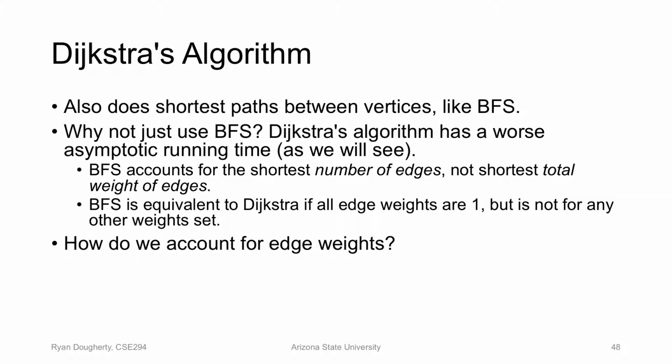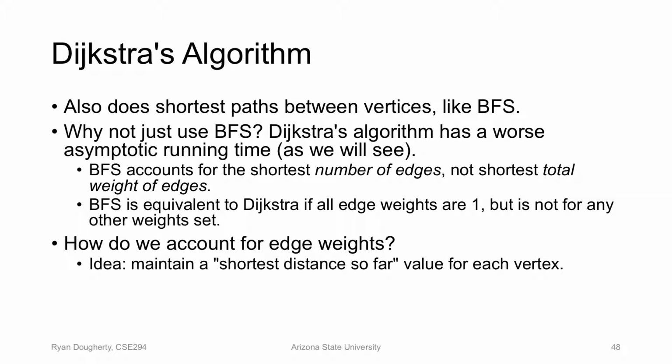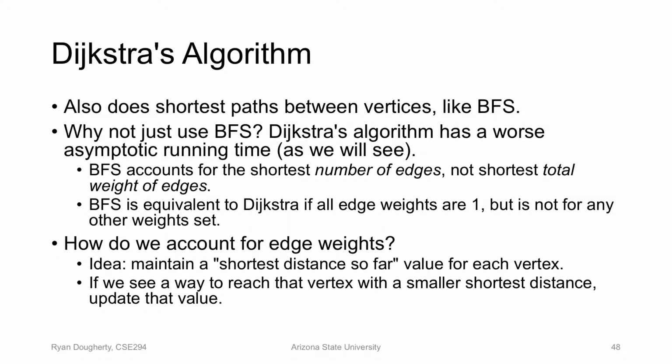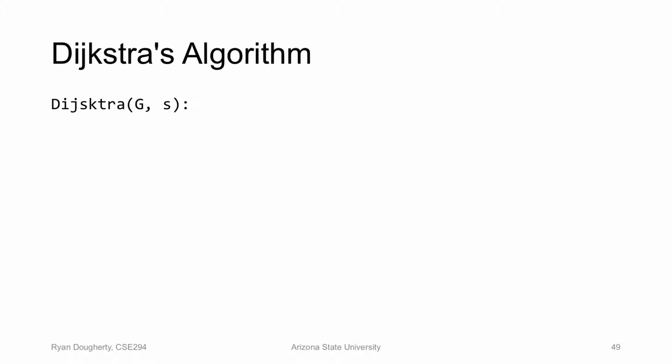Right, just take the minimum of the two. So that's basically what we're going to do. We're going to maintain this value for each vertex as the shortest distance so far. And if we find some way to get to the vertex we're looking at with shorter distance, then we just found a way to get there with shorter distance, so we must update it. Okay? That's the basic idea.